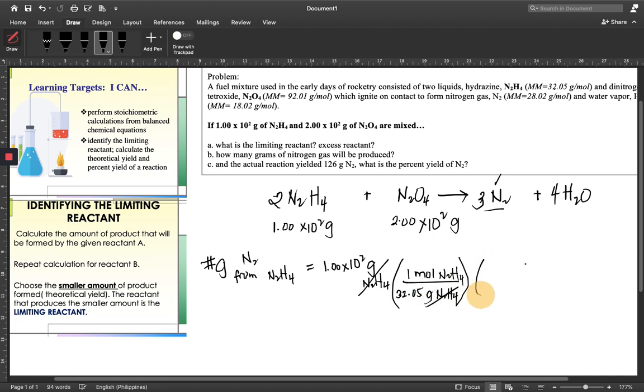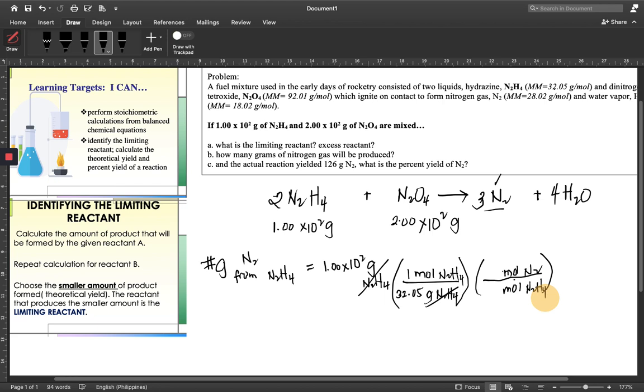What we can do next is to convert moles of N2H4 into moles of nitrogen gas. Alright? So what we needed was to have moles of N2 on top and moles of N2H4. Right? So this next conversion factor is practically your mole ratio.